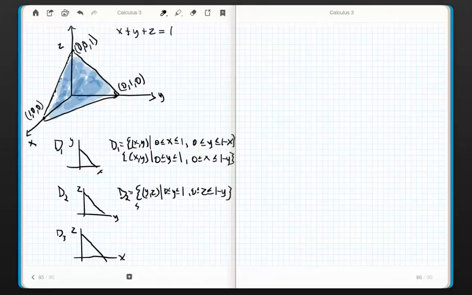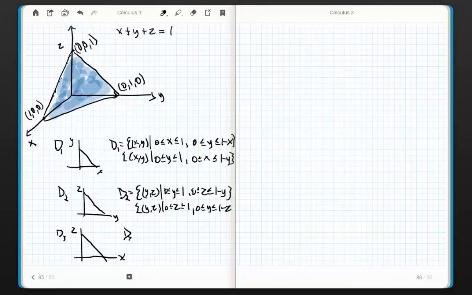And then I'm also going to set this up as the set of (y, z) such that z lives between 0 and 1. And what does y live between? Well, y lives between 0 and 1 minus z, because that's the equation of the line. Right? Hopefully that makes sense to you.